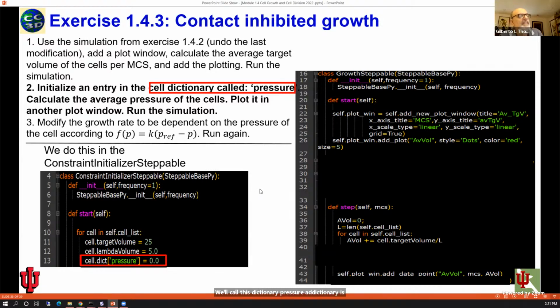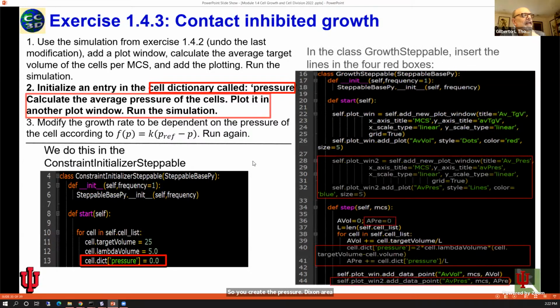It's a property that you attach to the object cell. Gilberto, the dictionary exists. You're only creating a key entry for it. Okay, but I'll talk about this later, just a second. We are going to calculate by hand the pressure here, just to see. Okay, so you create the pressure dictionary here.